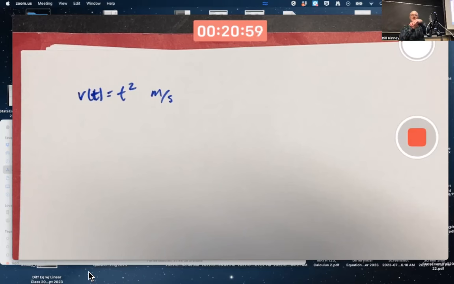Or your Fitbit will, or your watch. Okay, so if you could somehow have a super accurate speed monitor, and this was your speed as a function of time, at time 3, you'd be going 9 meters per second. At time 4, you'd be going 16 meters per second. You're really accelerating quite rapidly, actually. You're quickly going to get to the point where you can't run that fast.